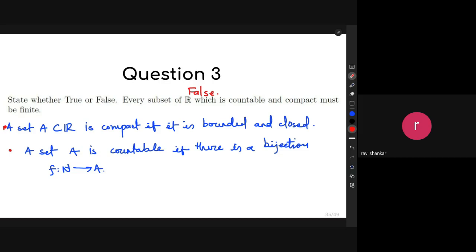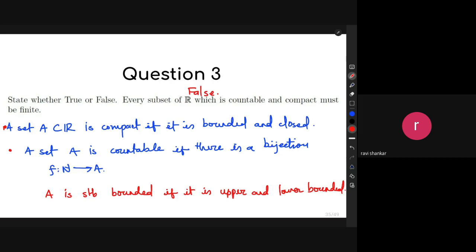Bounded means A is said to be bounded if it is upper and lower bounded.